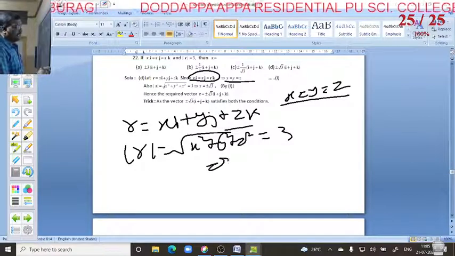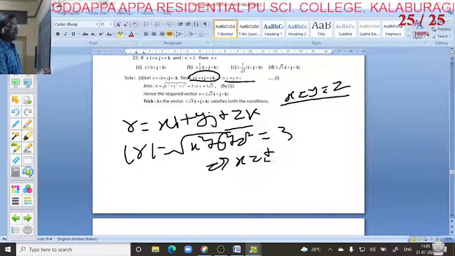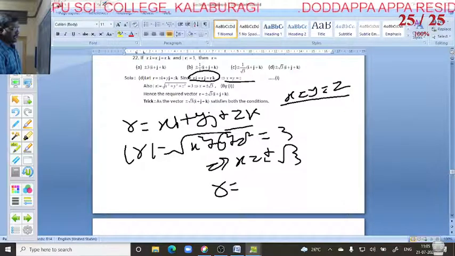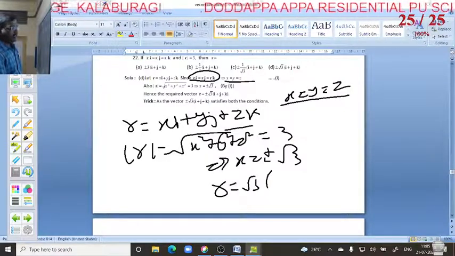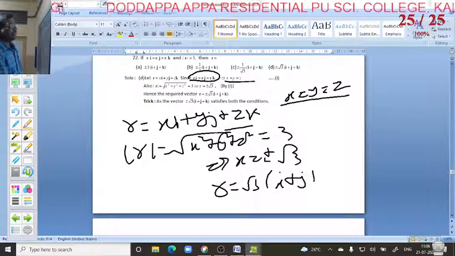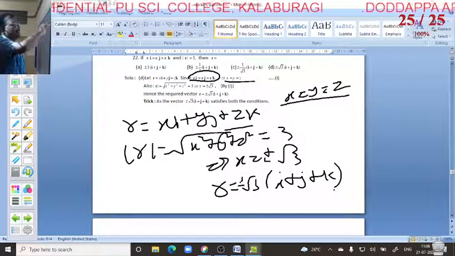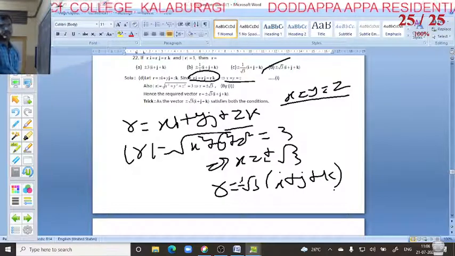So x equals plus or minus 1, and automatically the remaining also plus or minus 1. Which option? D option.